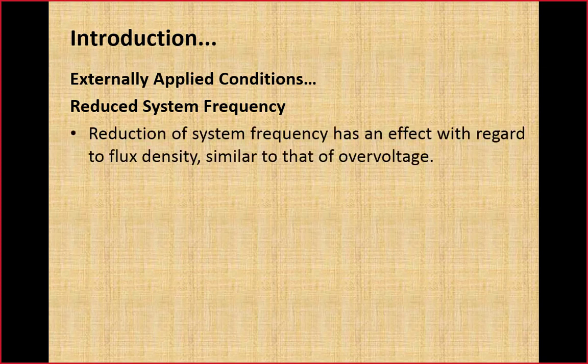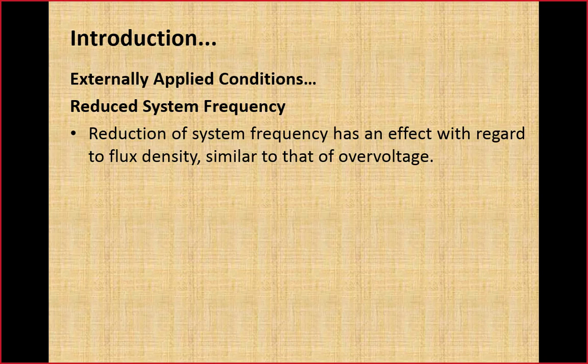Reduction of system frequency has an effect with regard to flux density similar to that of over voltages. Remember, when installed in the power system, this reduced frequency fault cannot occur in the power system. So this type of fault is only associated with those power transformers which are directly connected to the generators. When we are synchronizing the generator with the bus bar, before that synchronization, the generator is running at a speed less than the synchronous speed, because the transformer is directly connected to the generator without any circuit breaker.